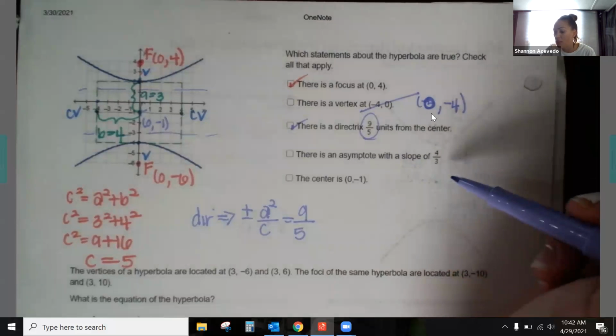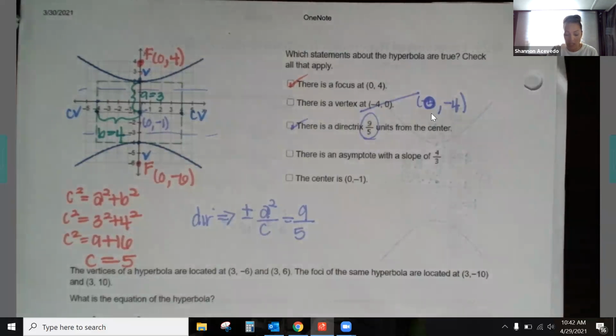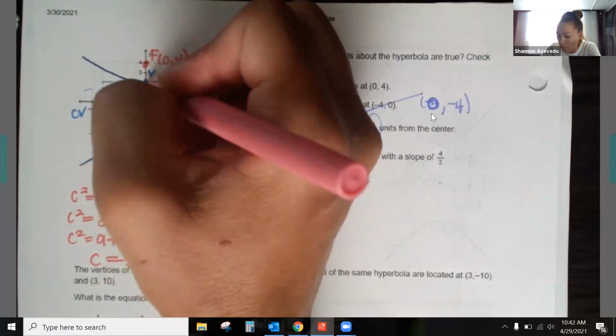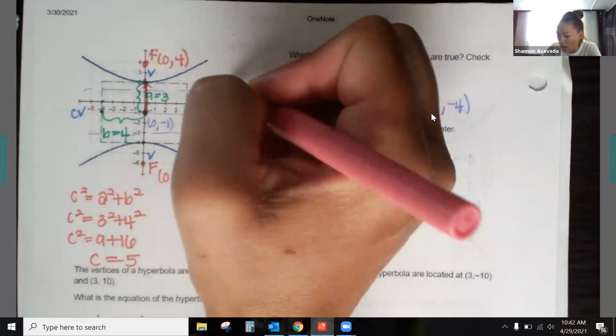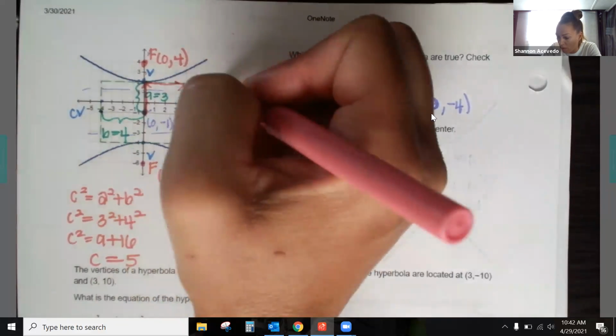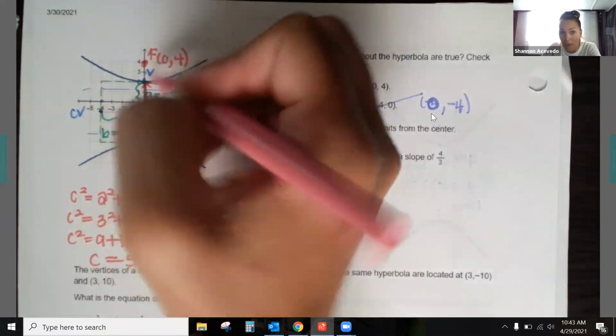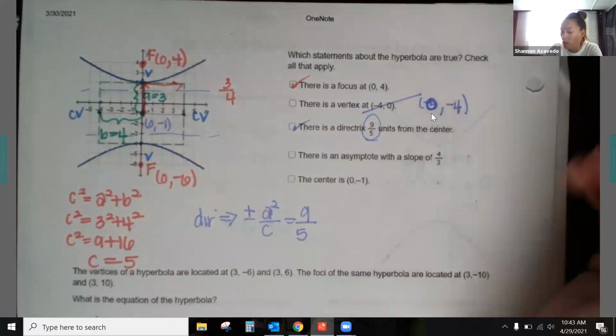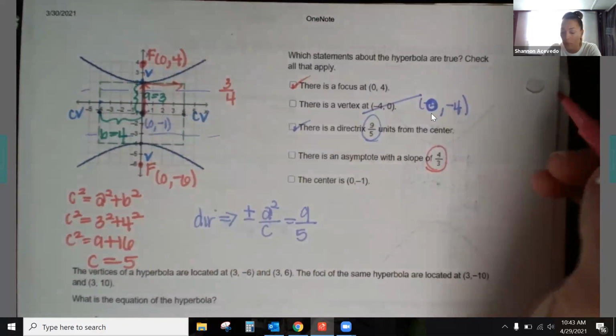There's an asymptote with a slope of 4/3. I think the easiest way to look at that is I'm here at my center, and I go up 3, and I go over 4. I go up my a value, and I go over my b value for this case. So it's 3/4. That is not the same thing. So nope.